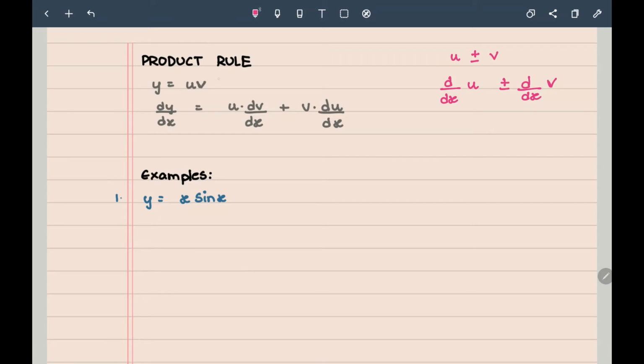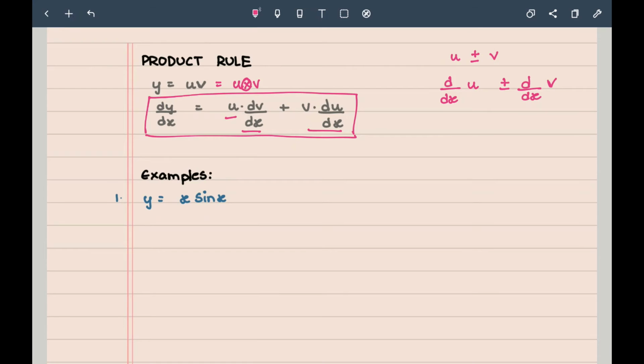But here we are having multiplication between them. So when there is an operation called multiplication in between, we use this specific formula. That is dy by dx is equals to u into dv by dx plus v into du by dx. This is a pre-derived formula which we use for two equations which are in multiplication.